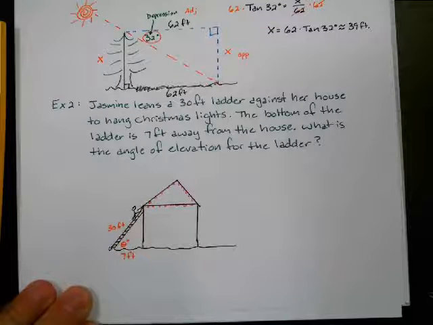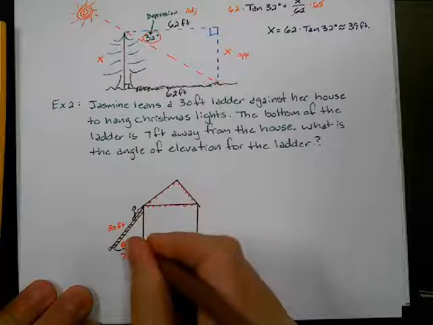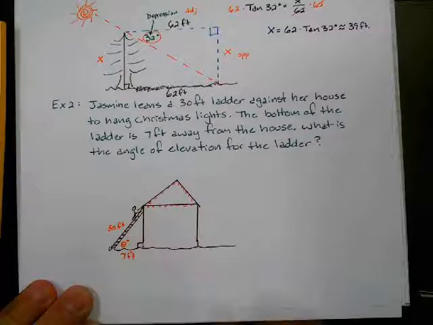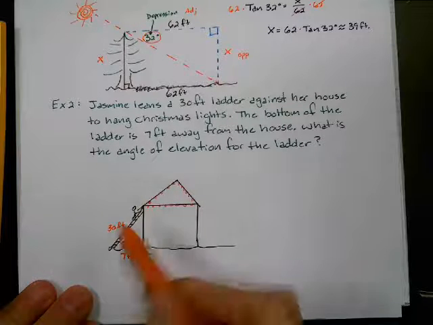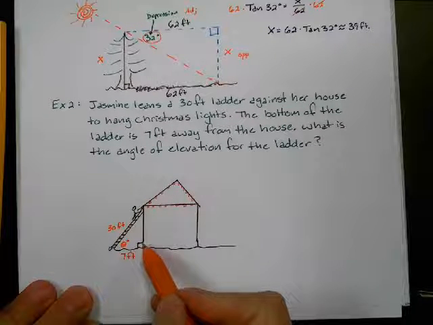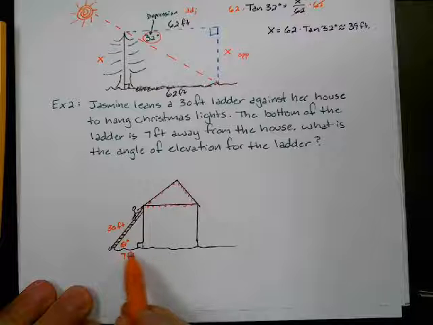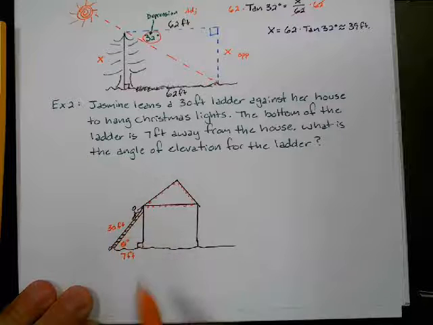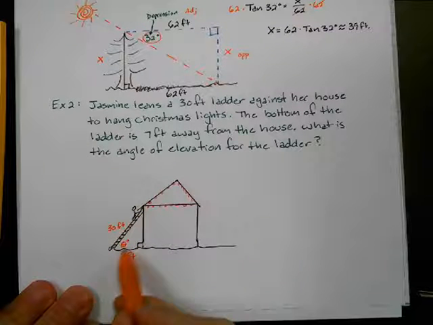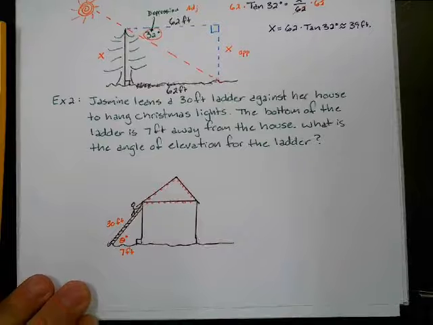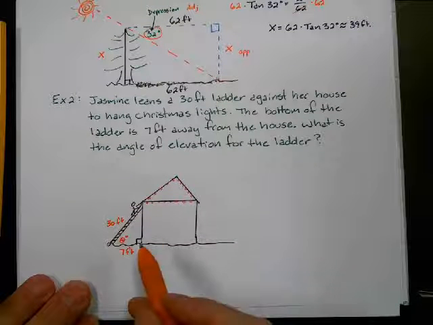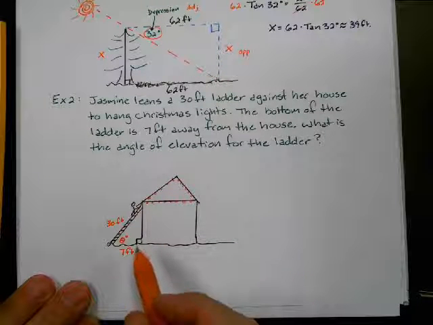We're going to assume that the house is built correctly and has perpendicular walls. So there's my right triangle. 7 feet away over here. The ladder's 30 feet over here. Our angle of elevation would be this one. So we are going to write down the opposite, adjacent, hypotenuse. This one would be adjacent.